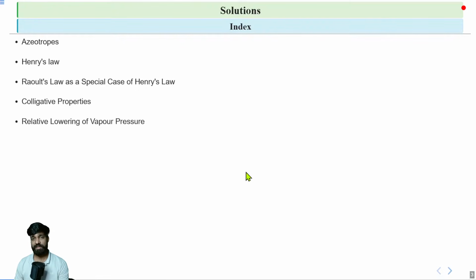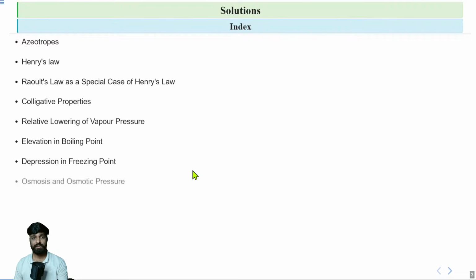First of all, we will see the relative lowering of vapor pressure. Then after, we will move on to the elevation in boiling point. Third one is depression in freezing point, and fourth one is osmosis and osmotic pressure. So these are the important colligative properties about which we will discuss today.